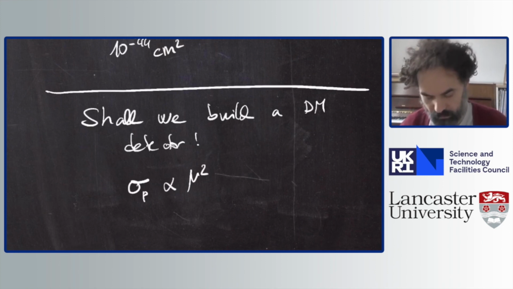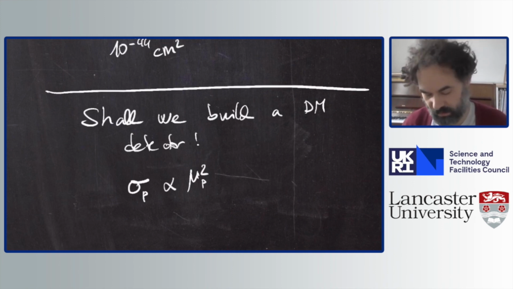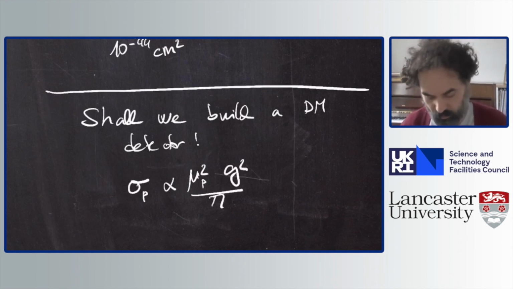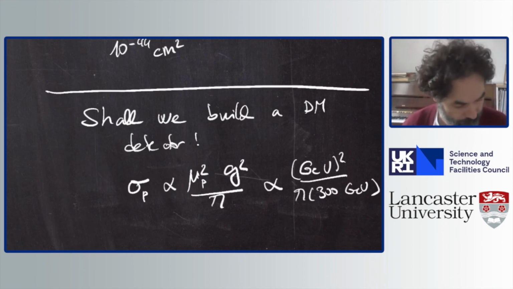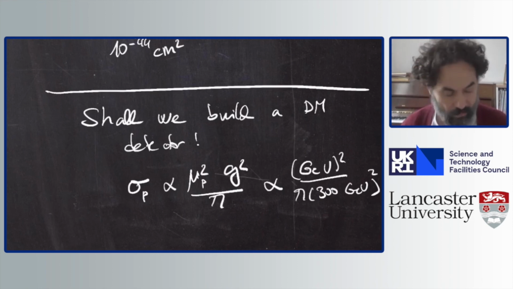Cross sections are typically given by the reduced mass of the process, some interaction scale, and you can put pi if you want. If you take protons, let's say GeV squared, and here something close to the WIMP scale, the question is: can this be detected?